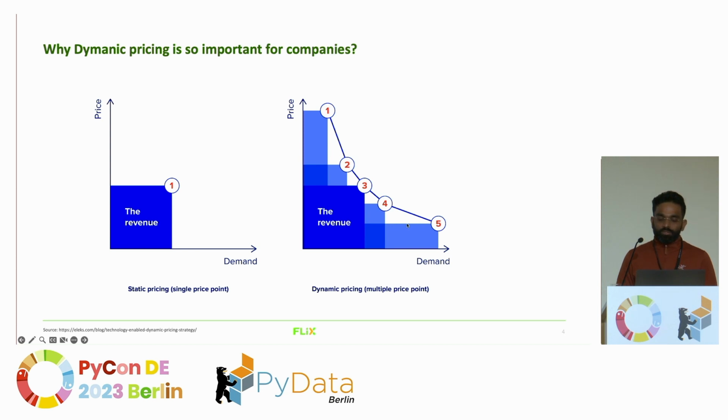And at the same time, there might be some users who don't care so much about the money, and you will get more revenue from them. This way, you can see several bands of revenue, and your revenue has suddenly increased. So that's a little introduction about dynamic pricing.